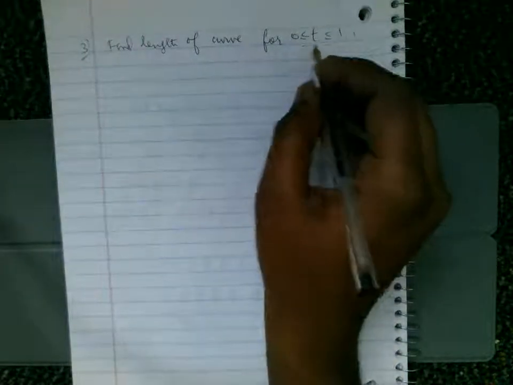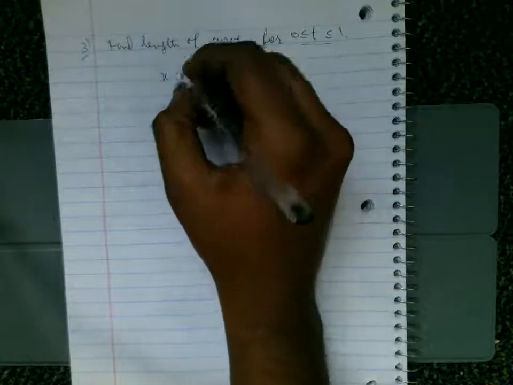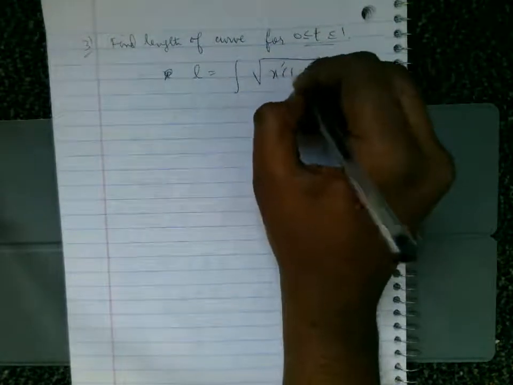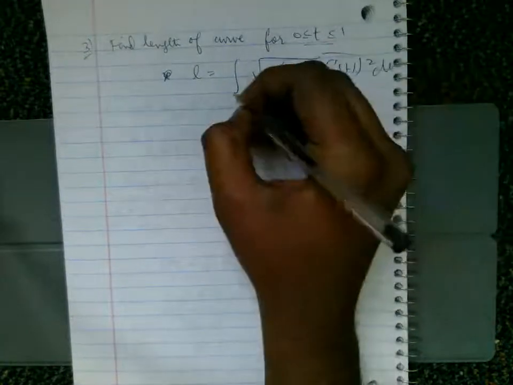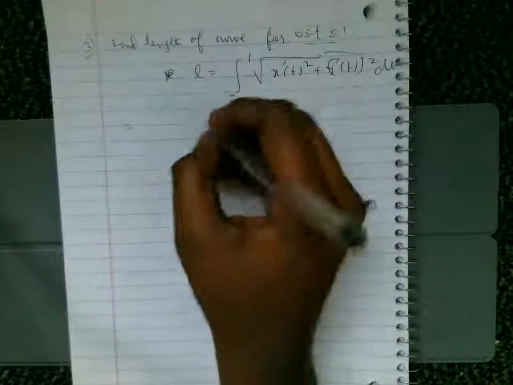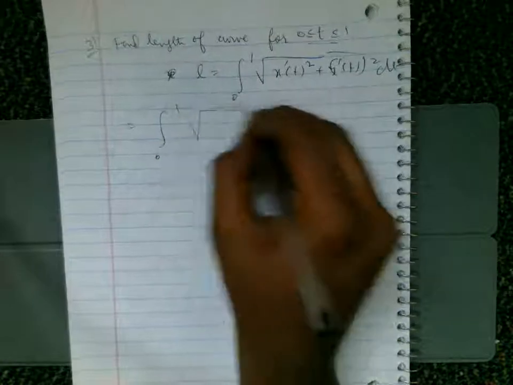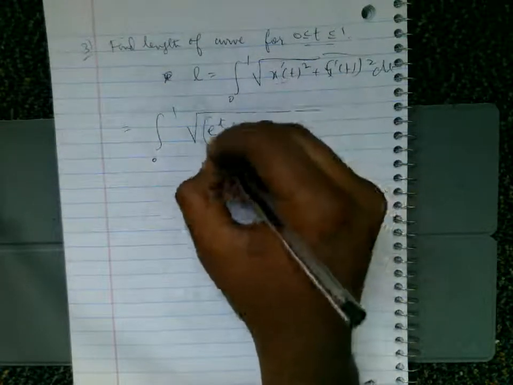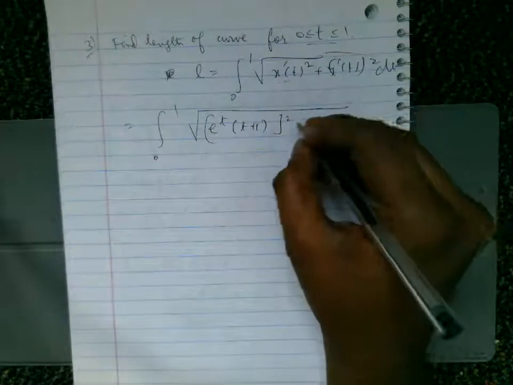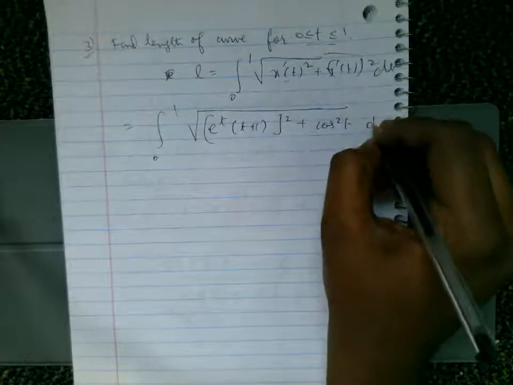Now find the length of the curve for t between 0 and 1, and we know that the length of a curve for a parameterized equation is this. So this can be written down as the integral from 0 to 1 of the square root of, since we already found x prime of t, which is e to the power t times t plus 1 whole squared, plus this is cos square t.